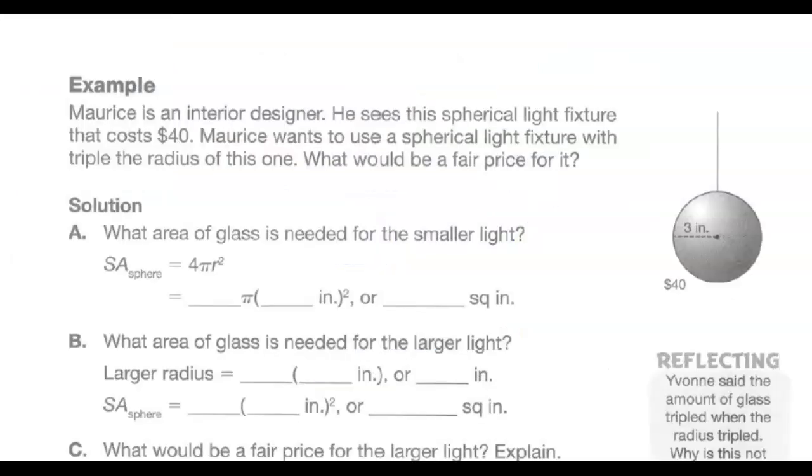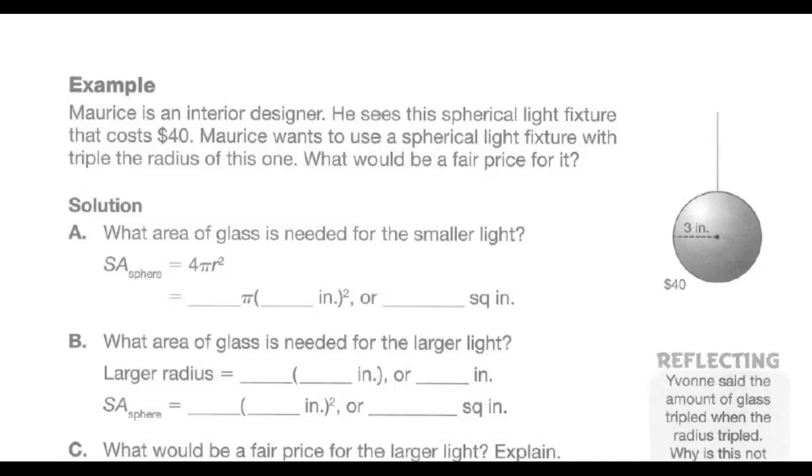Okay, next one. Maurice is an interior designer. He sees this spherical light fixture that costs $40. Maurice wants to use a spherical light fixture with triple the radius of this one. What would be a fair price for it? Well, if you think about the cost, I'm assuming it's mostly open, hollow inside, because it's got to have a light bulb, and you wouldn't want it to be too heavy.